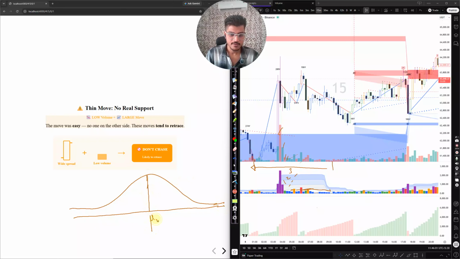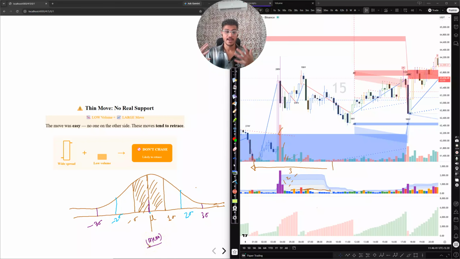Then we have the first standard deviation, which we call sigma, minus sigma, then the second standard deviation, and then the third standard deviation, which is just a distance from the mean. This is your mean price or mean volume or mean anything, because this is the average of that.